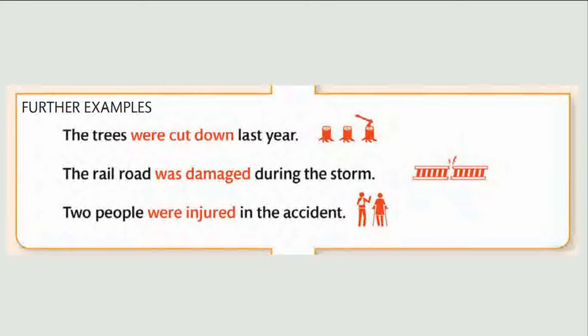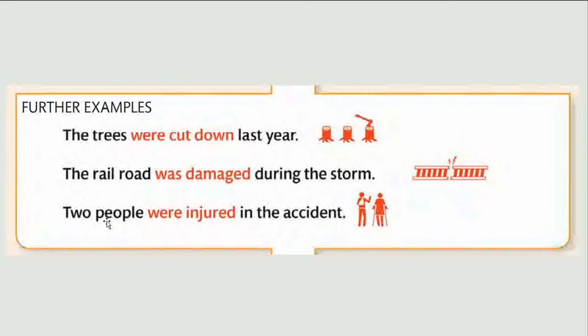Let us look at further examples as per this construction. The trees were cut down last year. Over here, the trees is plural, so that's why were. The railroad was damaged during the storm. The railroad is singular, that's why was. Two people were injured in the incident.